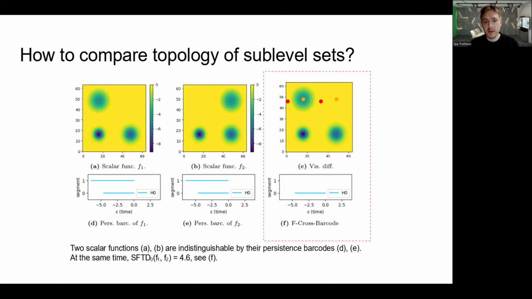Additionally, we have developed a visualization technique which maps bars in F crossbar code to the domain of functions under comparison. So the beginning and ending of a bar highlight with points areas where this topological difference exists.